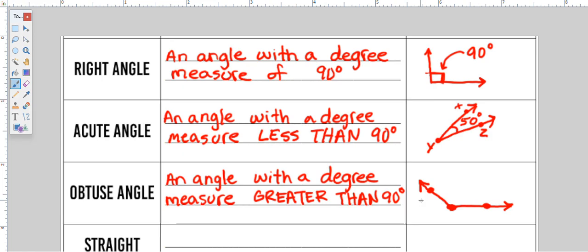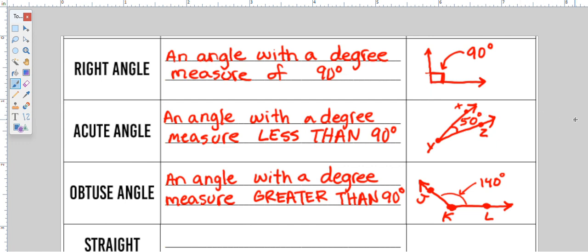If I call this JKL, we could say that this angle here is anything greater than 90, 100, 110, 140. Not anything greater than 90, but the angle that we are currently measuring is greater than 90.